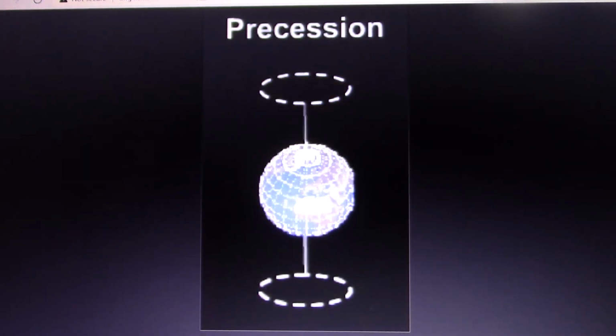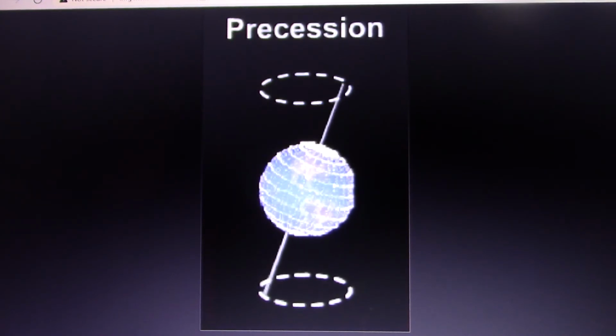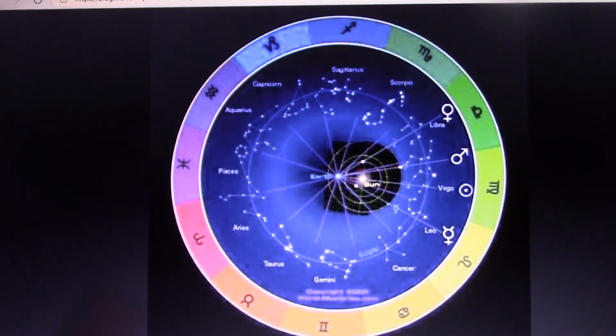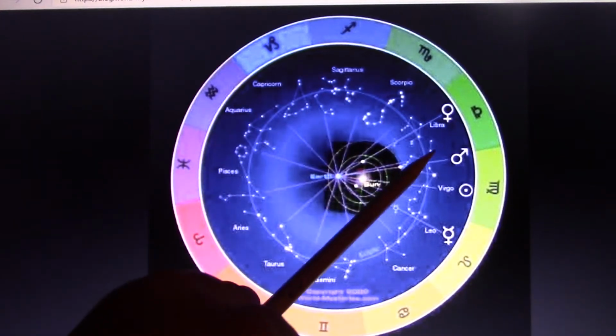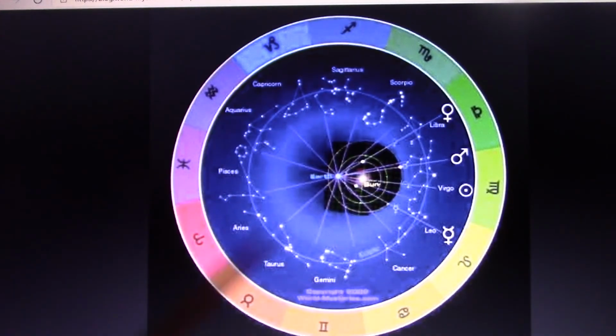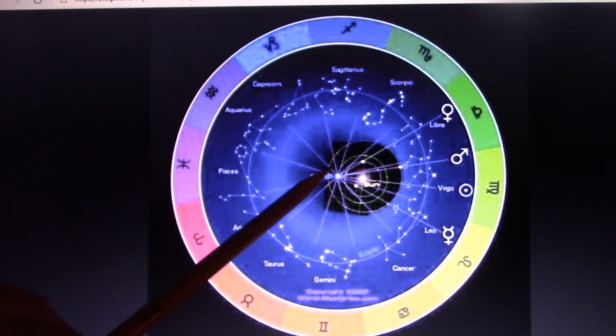So let's go into a different picture here. As you saw, there are certain stars called pole stars that help us know where we are in the wibble wobble. So we do have the constellations here, or the star systems, and each one of these star systems has its own unique frequency in proportion to our solar system, the sun, and the Earth.